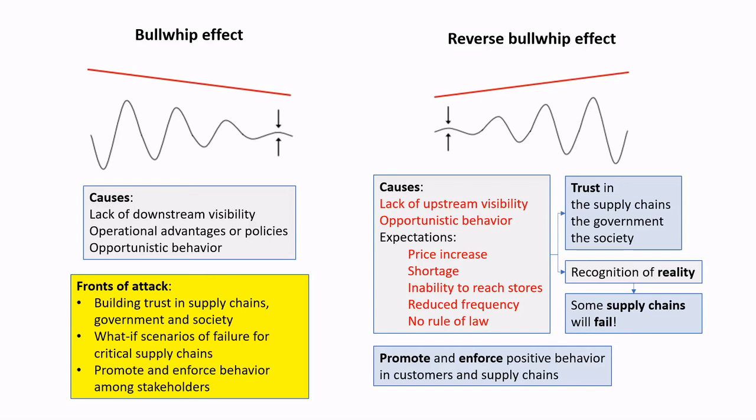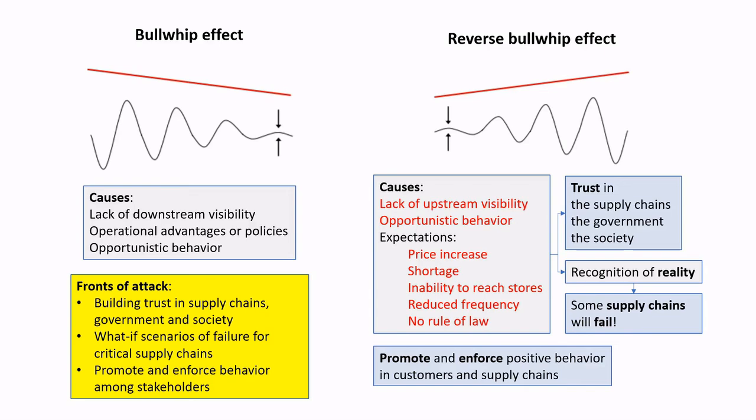Maybe not perfume, maybe very expensive items, I don't know. So once you identify those critical supply chains, then you need to make some exercises of asking what if this supply chain fails, and generate plans in order to avoid that.